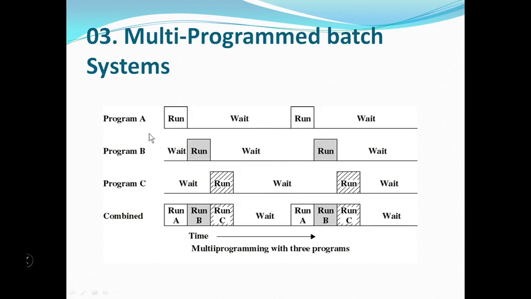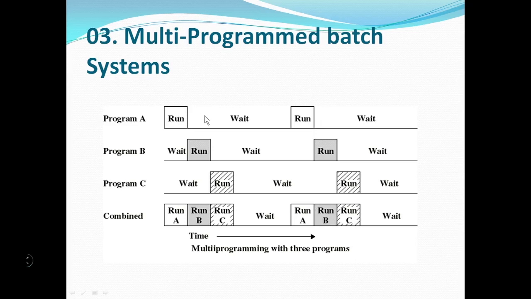Here is a detailed explanation of the multi-program batch system. If we consider only a particular program, let's say program A, it may run for a given time. Then that process may want to execute some IO operations.